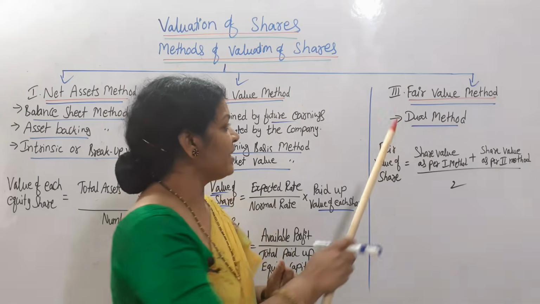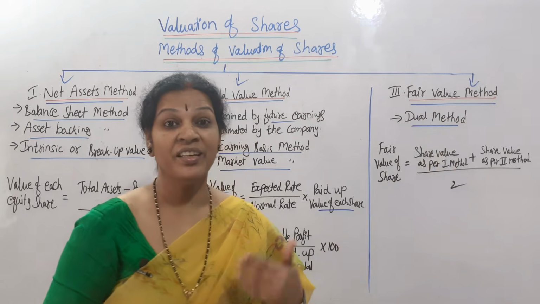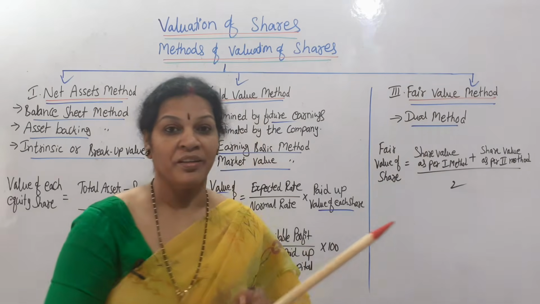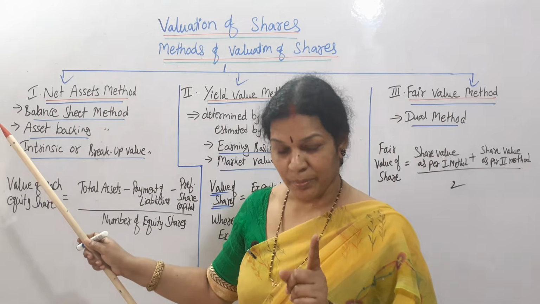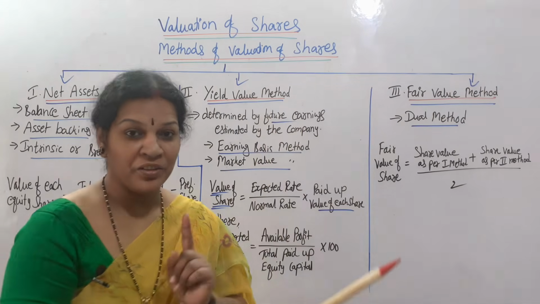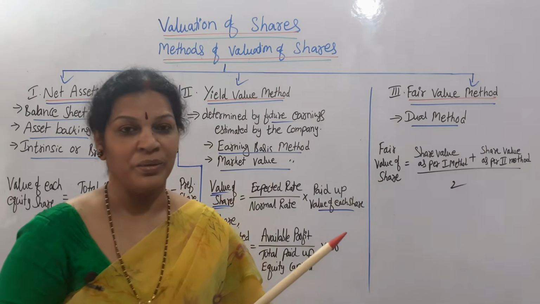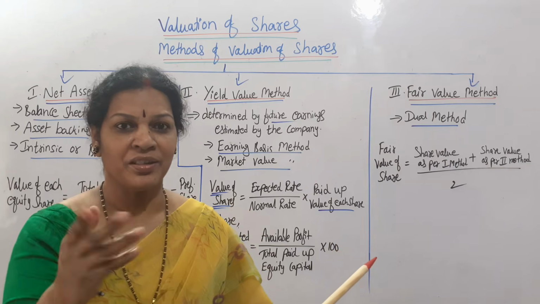That is why we say it is a dual method. To calculate the fair value method, we must know the per share value as per the asset value method, and also as per the yield value method. Only then is it possible to calculate the fair value. Fair value is nothing but the combination of the first and second methods.